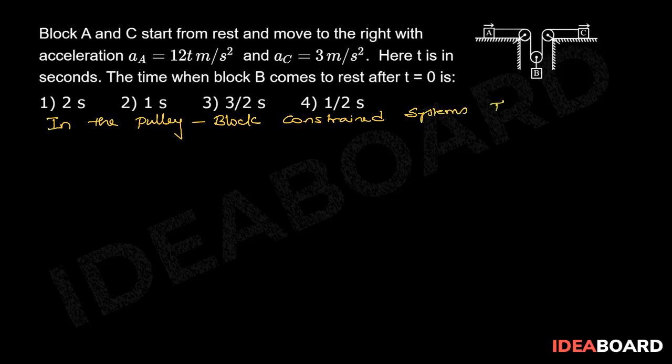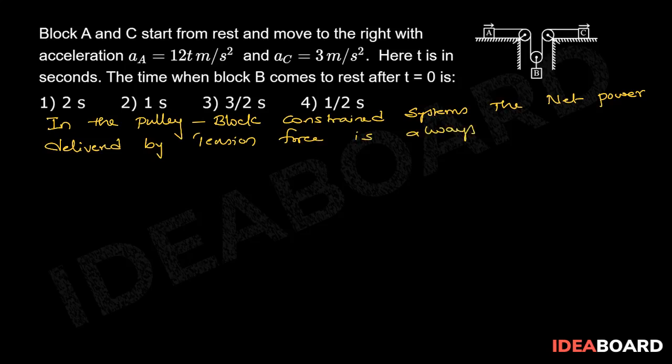In constrained systems, the net power delivered by tension force is always 0. That is, we can write this as sigma T vector dot V vector equals 0.